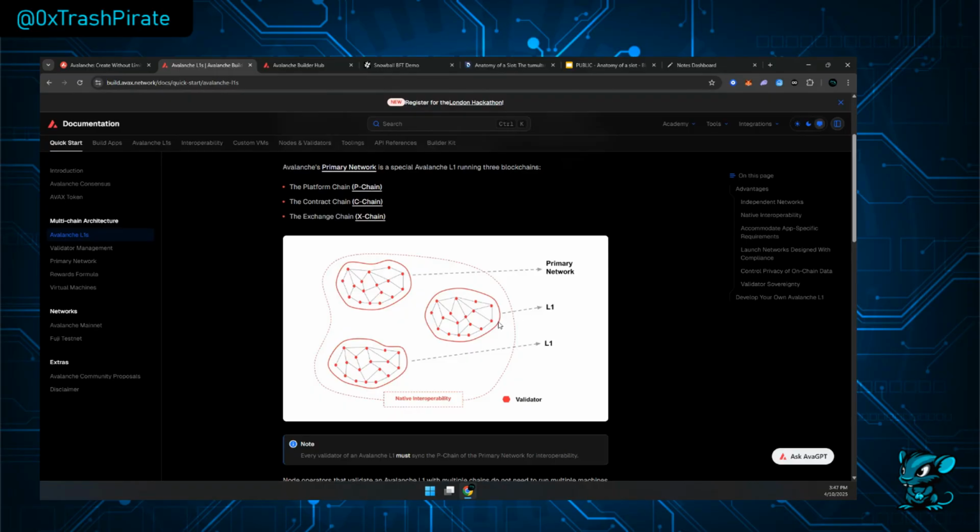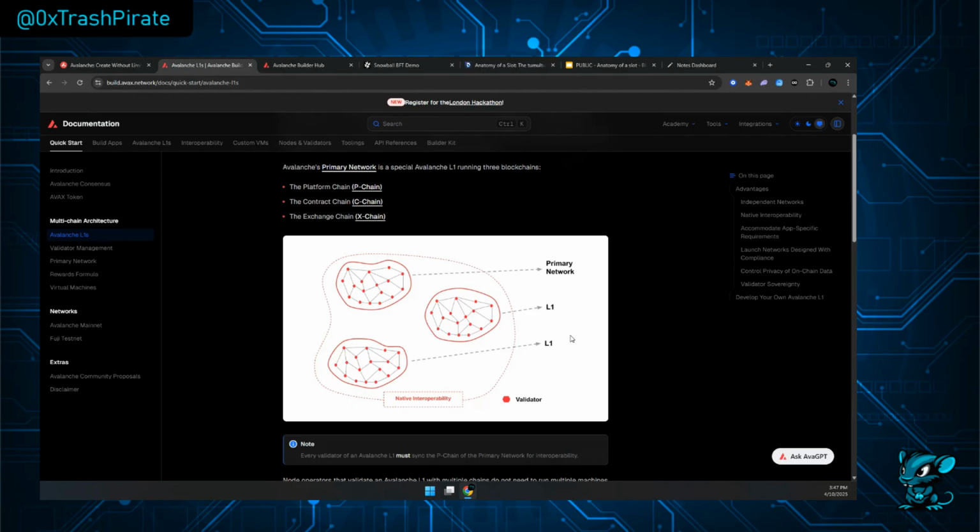So this type of modular setup allows you to make certain subnets compliant with certain jurisdictions and makes it much more adaptable, because you can configure it however you want.